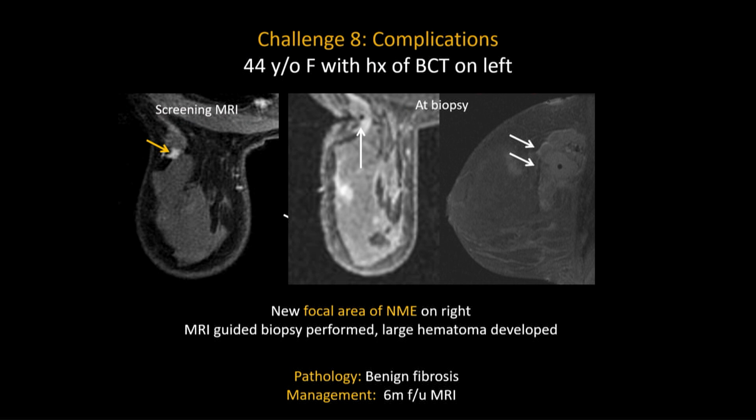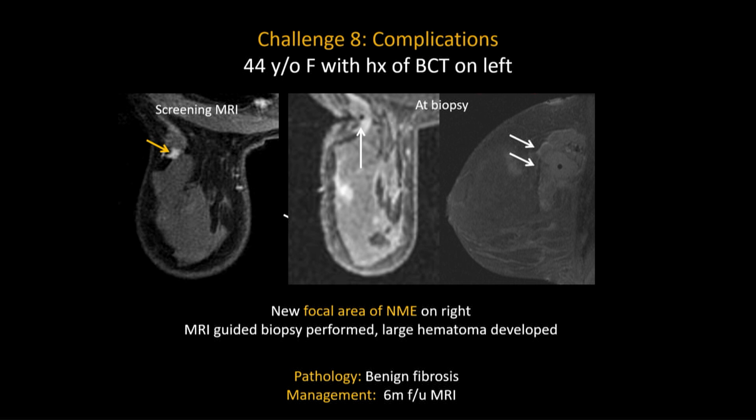Challenge 8, complications. 44-year-old woman, family history with a personal history of breast cancer on the left. Her screening MRI shows an irregular spiculated mass on the right. We called it NME. And at the time of biopsy, a large hematoma develops.